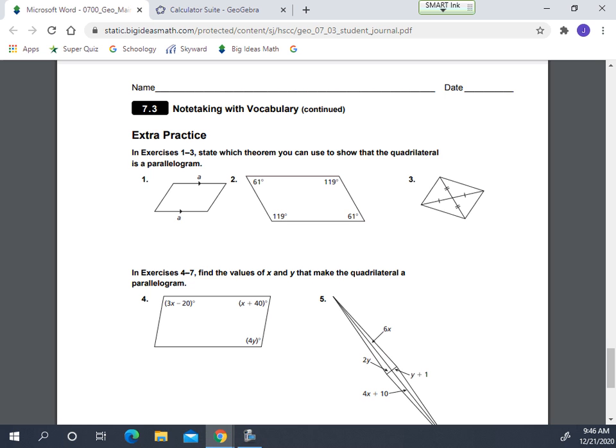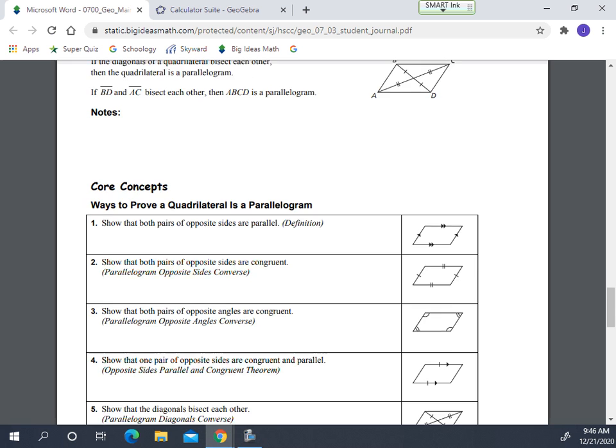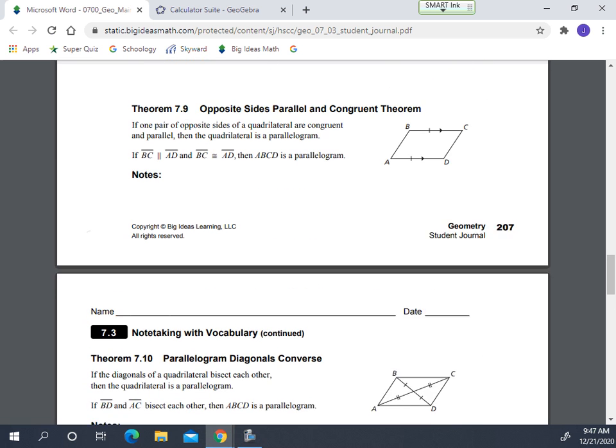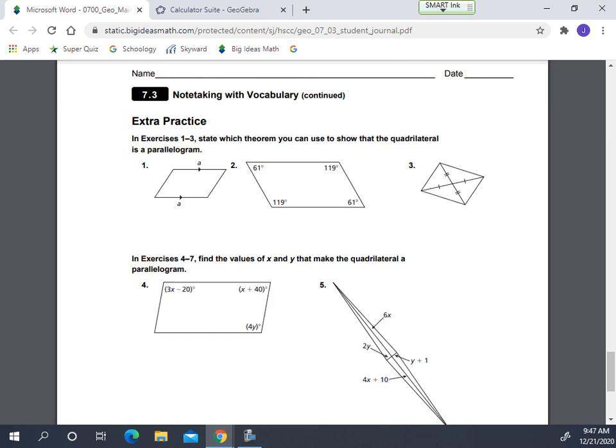State which theorem you can use to prove that the quadrilateral is a parallelogram. Number one, we have A and A. Those are parallel sides. So which theorem can you use? Let's go up here. You can say opposite sides parallel and congruent.